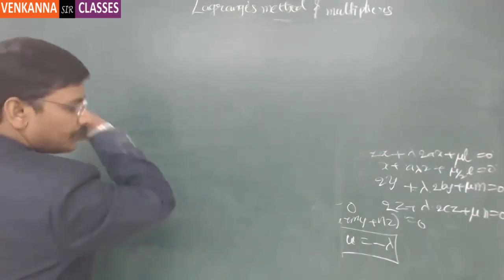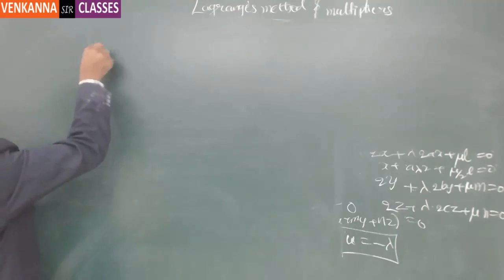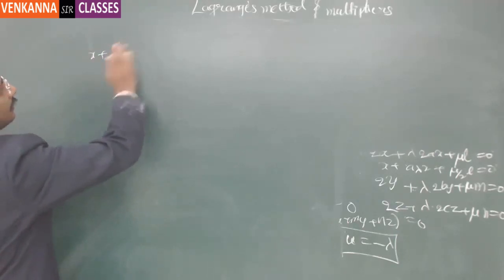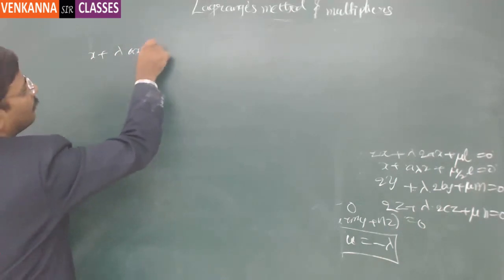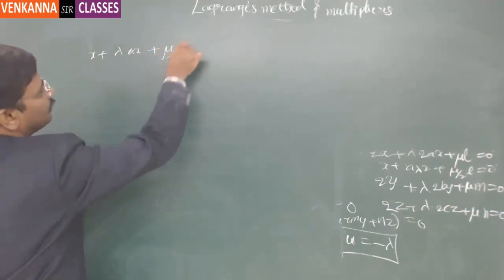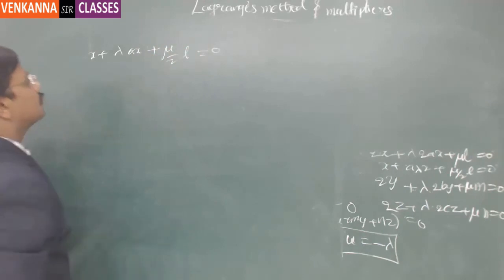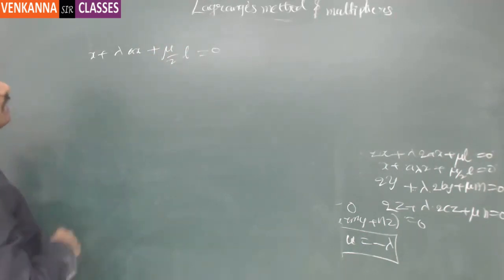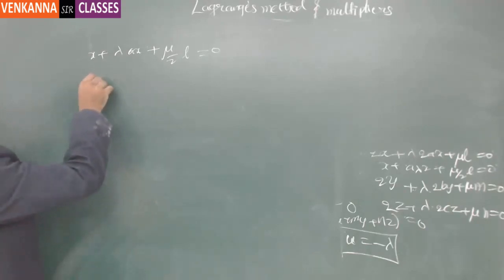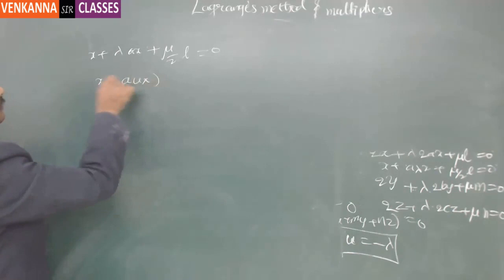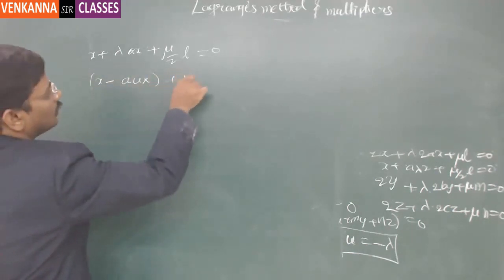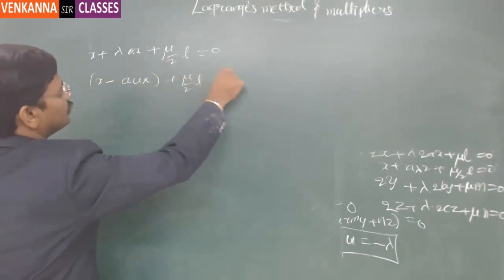So then the original equation x plus lambda times of ax plus mu by 2 times of L is equal to 0. This is the original equation. Then if I want to express lambda in terms of u, then this will be x minus aux plus mu by 2 times of L is equal to 0.